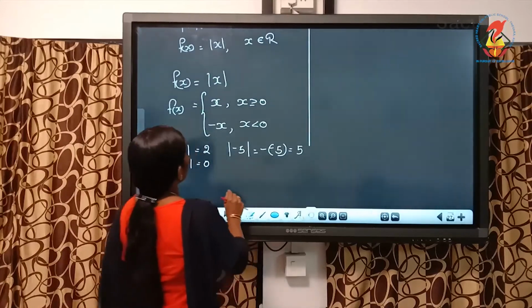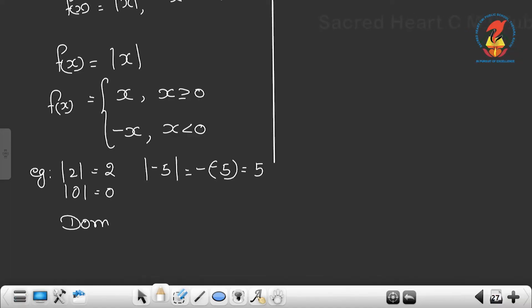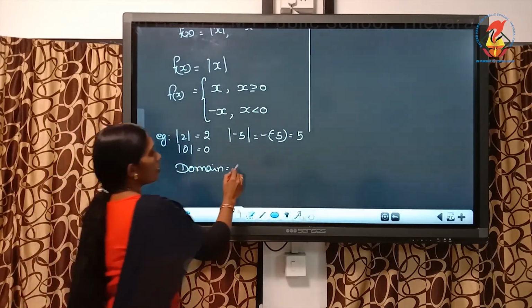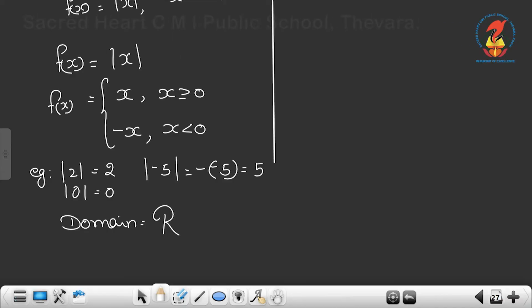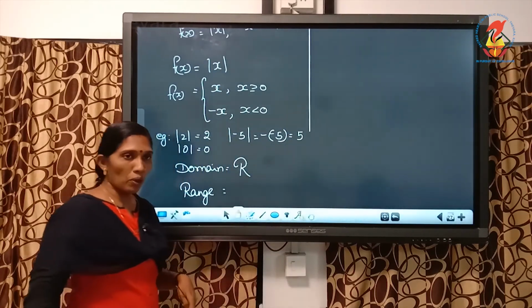And what is the domain and range? What is the domain? You can give a positive number, negative number, 0, anything you can give. So the domain is equal to R. But the range means the answer. What about this answer part? That is always a positive number.